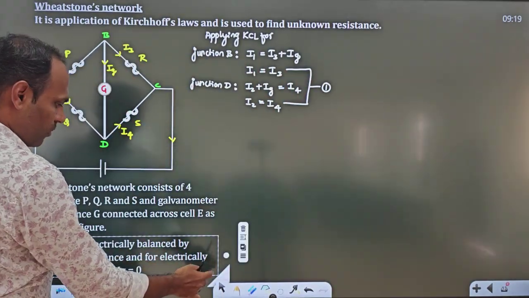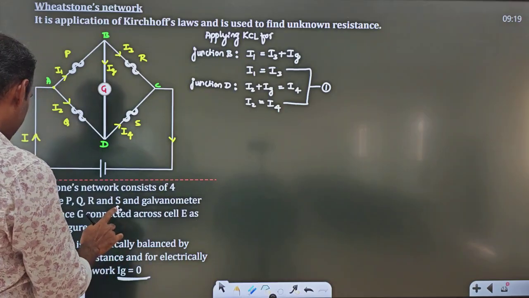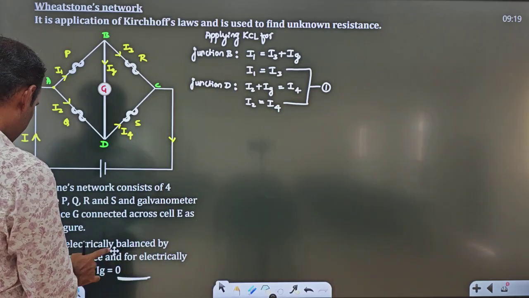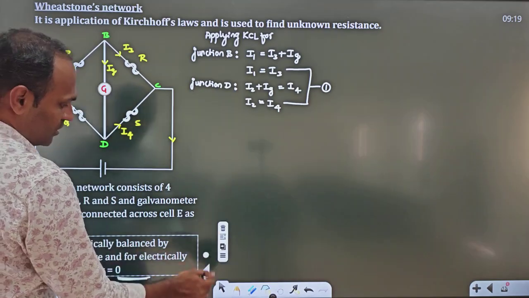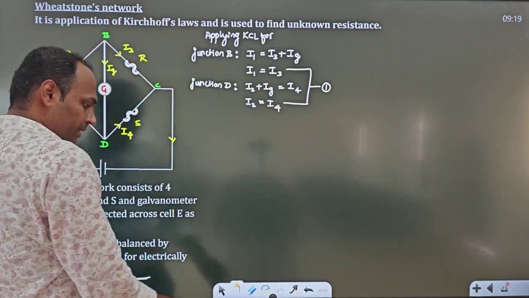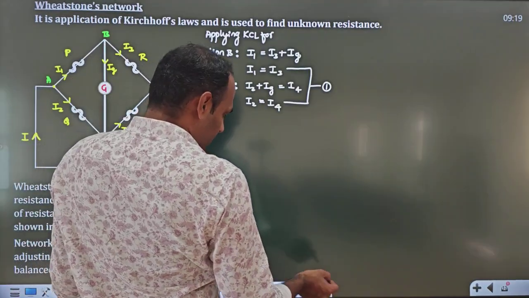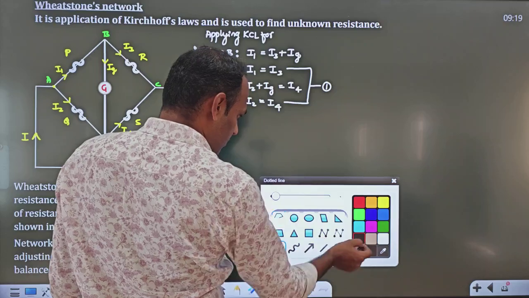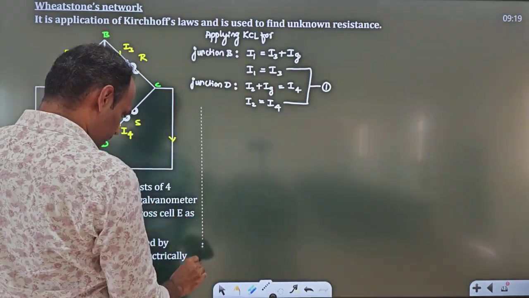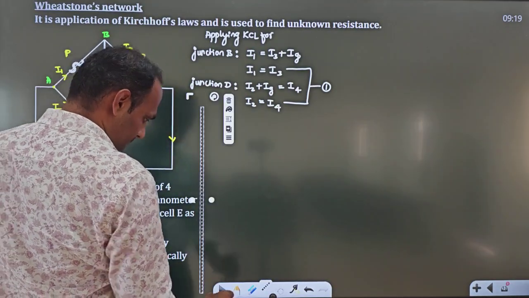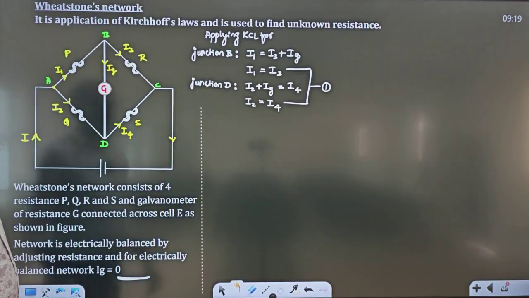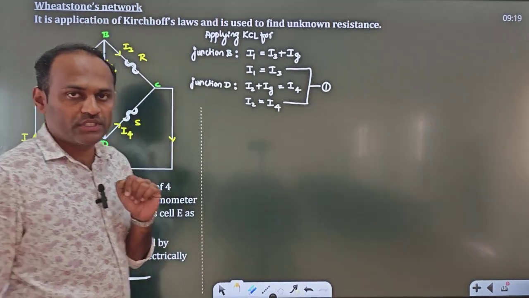Correct? Okay. Next, let us now apply KVL for the two loops we have here. We are having two loops here.